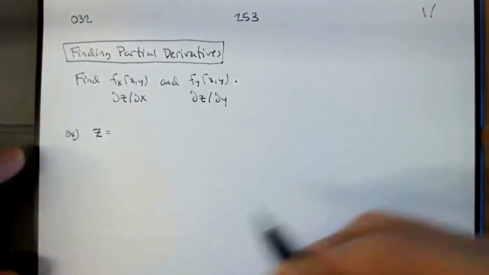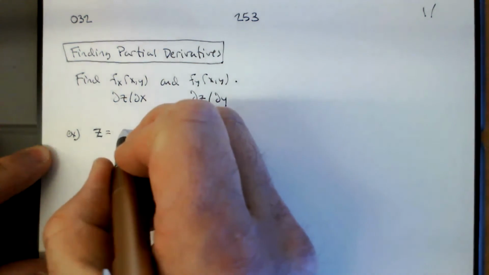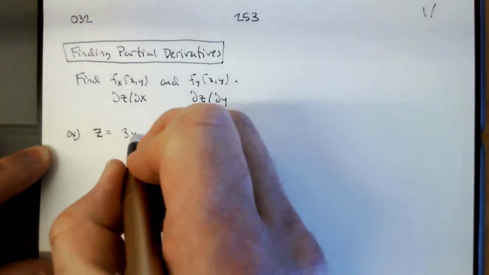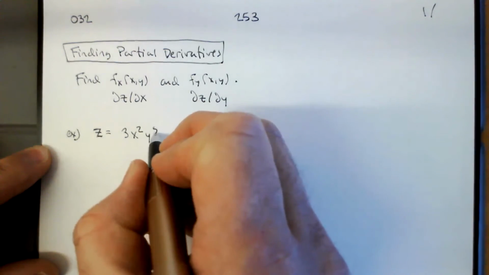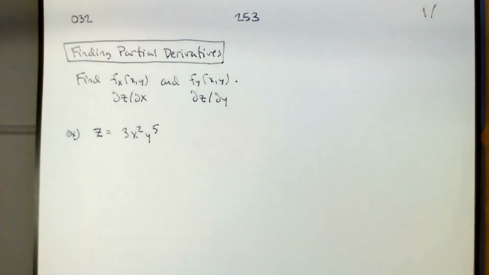So let's suppose that z is 3x squared y to the fifth. The important thing that's going on here is that this is a reading exercise. We want to look at how all these things are put together. In this example, everything is being multiplied.